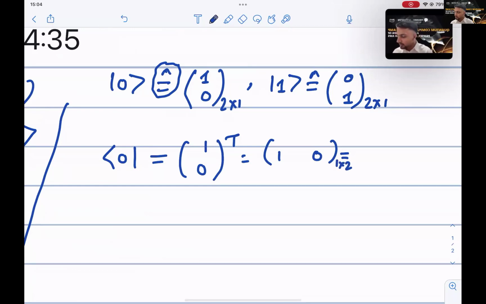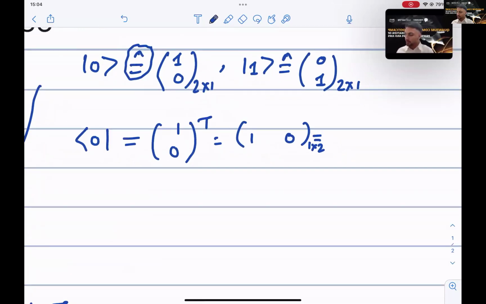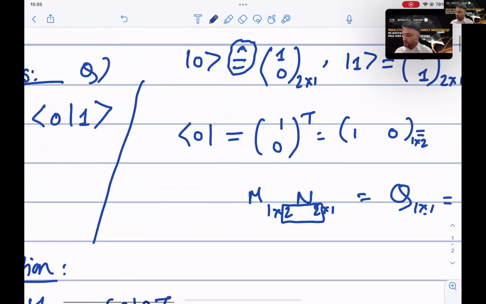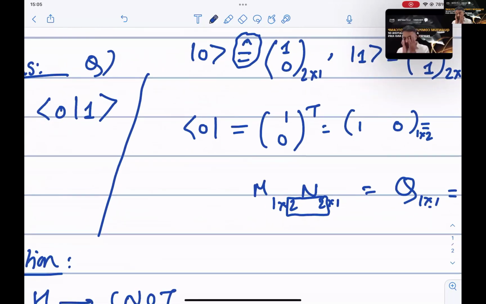So we learned that if we operate a 1 by 2 matrix, let's say M, on a 2 by 1 matrix, then we end up with something, let's say Q, that has dimension 1 by 1. So it's a number.